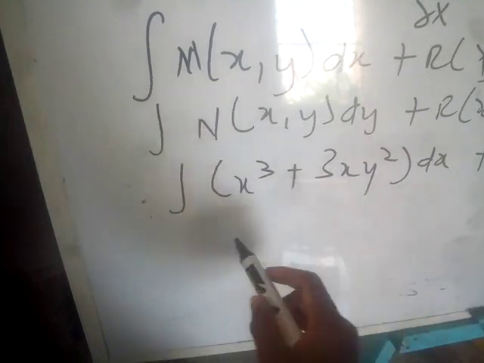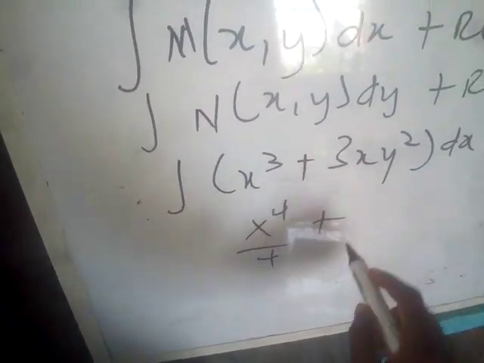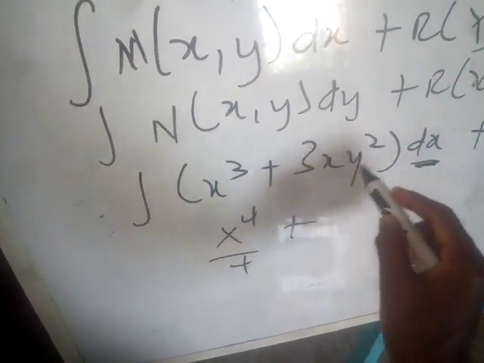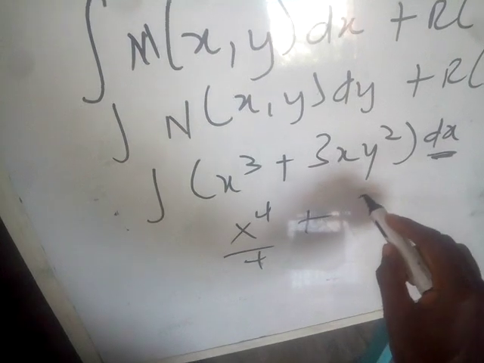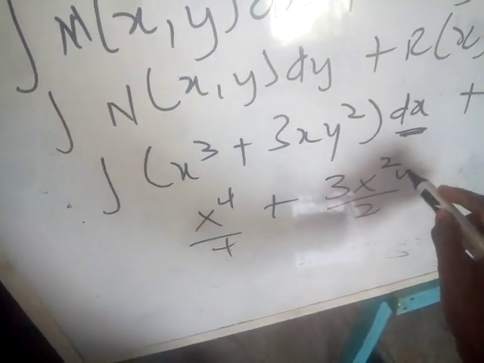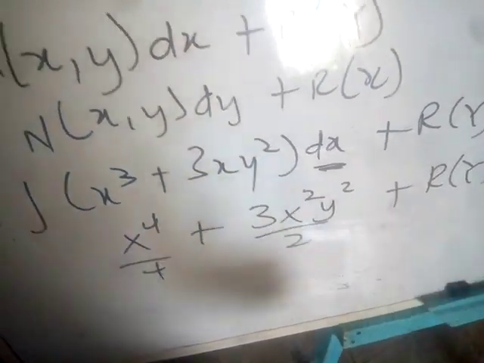So integrating this part, we have x to the 4th on 4 plus, remember it's with respect to x, so y will be kept constant, 3x squared on 2 times y squared, plus r of y.